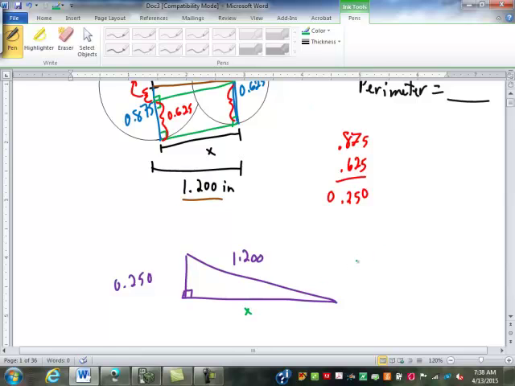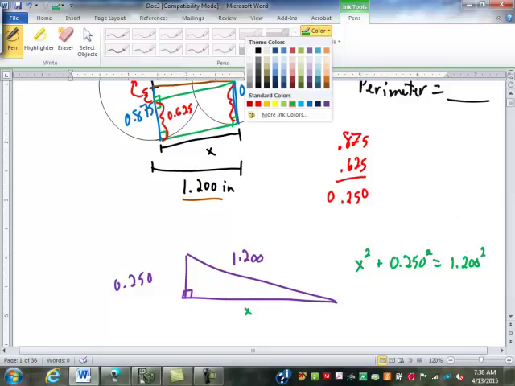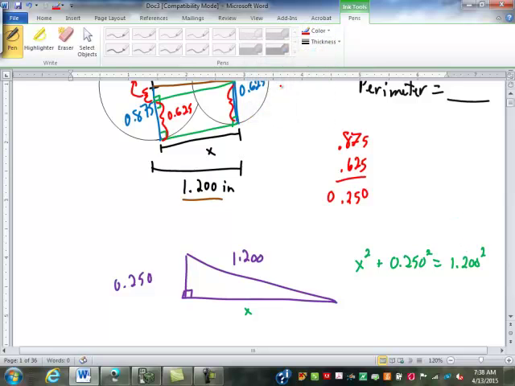So here's x. X squared plus 0.250 squared equals 1.200 squared. Now, we know how to solve this. We can jump to x is the square root of 1.200 squared minus 0.250 squared.